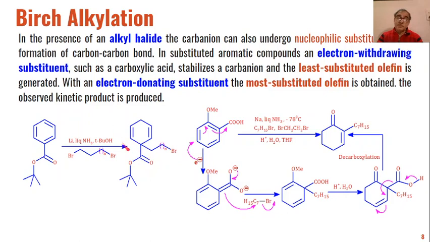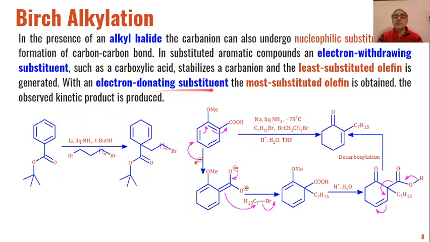And this alkylated product will be formed with the least substituted olefin. We can see that the alkylation has taken place at this carbon, which is not the carbon present on the carbon-carbon double bond.